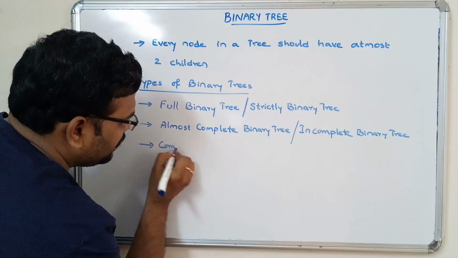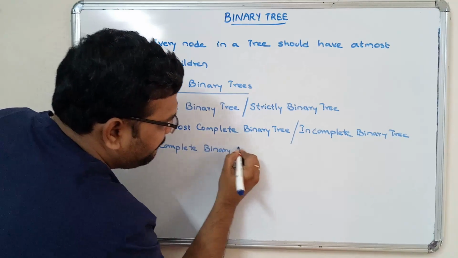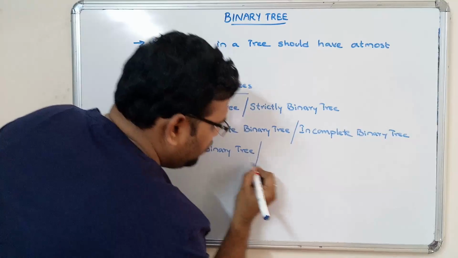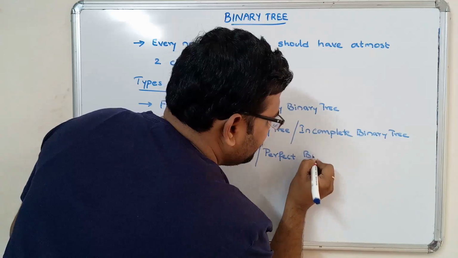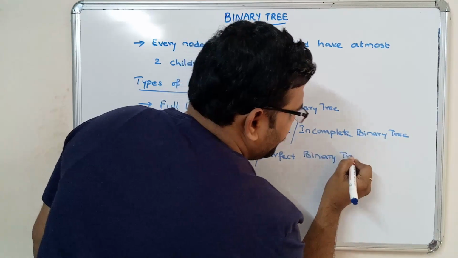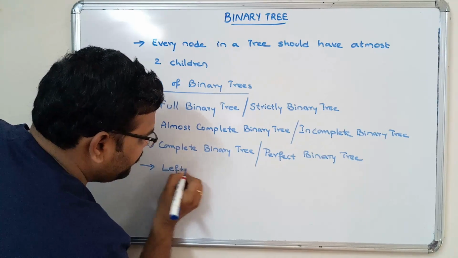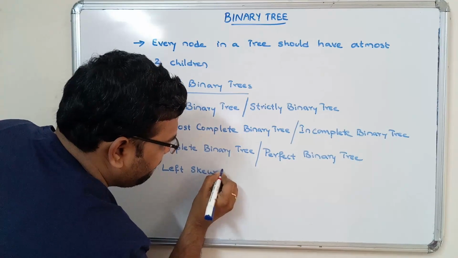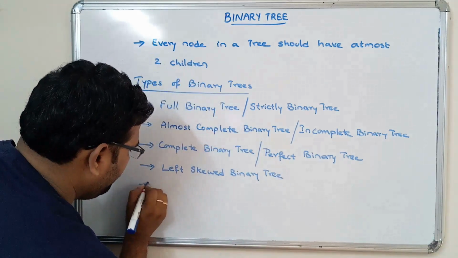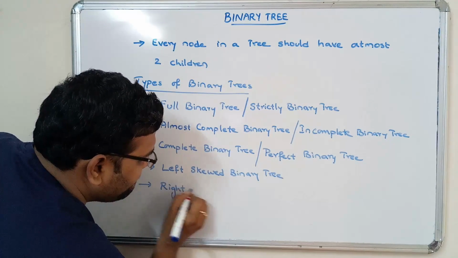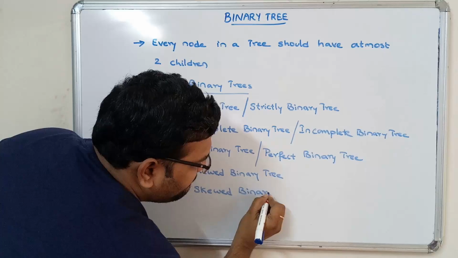Next, complete binary tree, or it can also be called perfect binary tree, and left skewed binary tree, and right skewed binary tree.